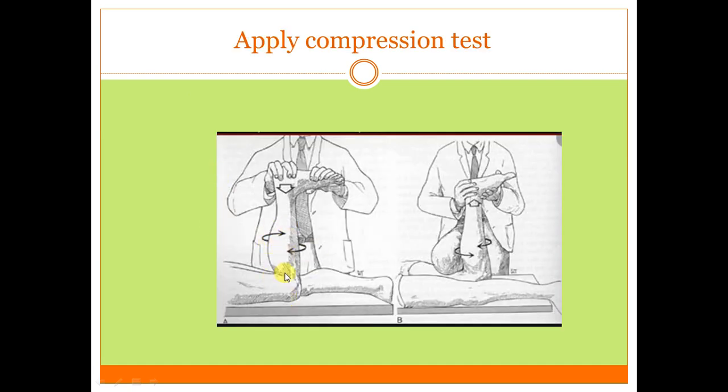The Apley compression distraction test is for the menisci. You compress, and if your patient feels pain, there could be some abnormality in the menisci, and if with distraction this pain increases, it increases the accuracy of this test.